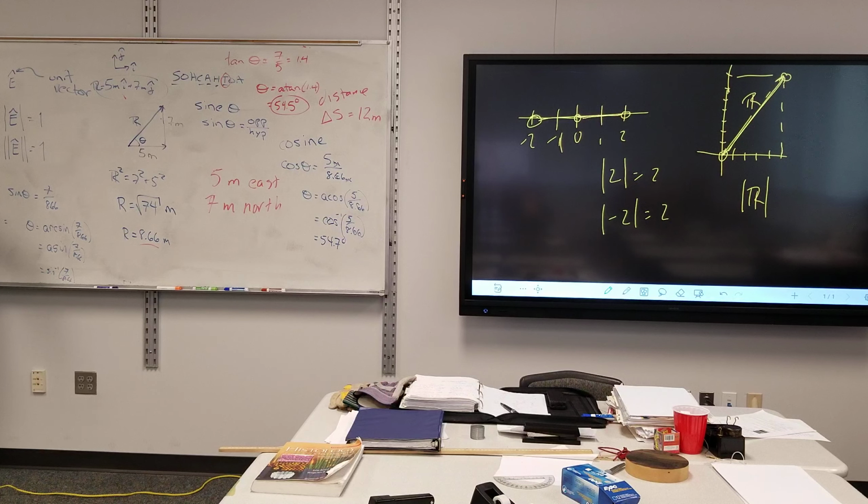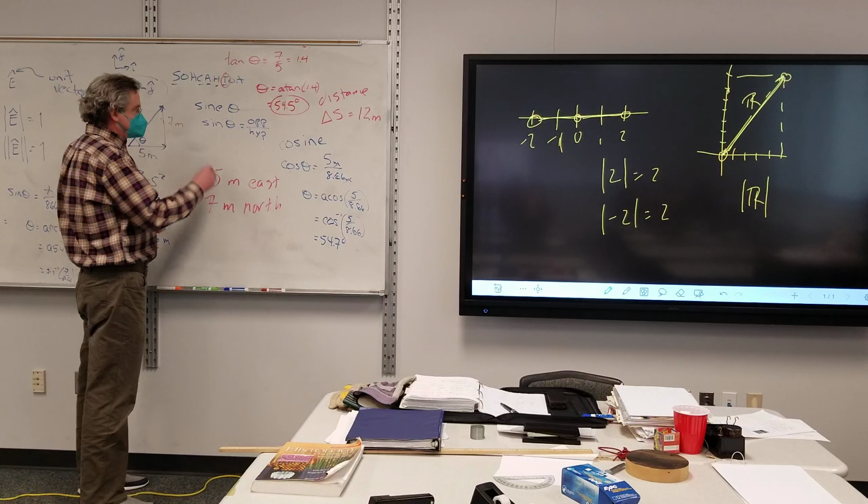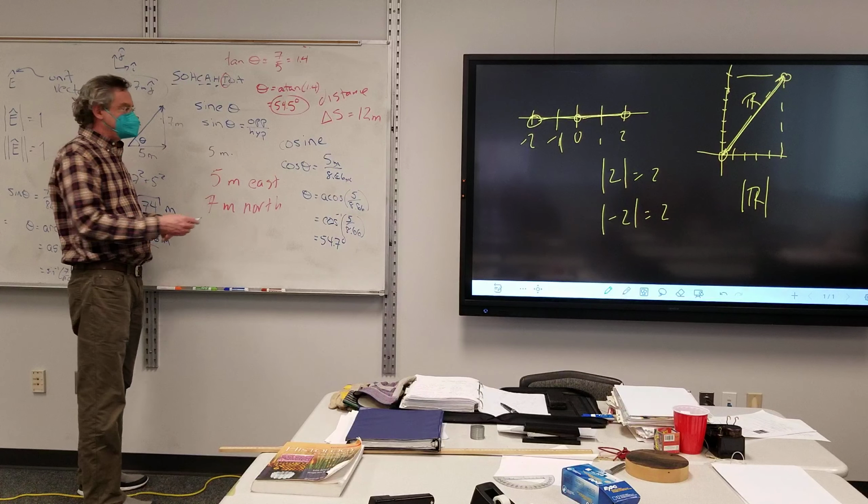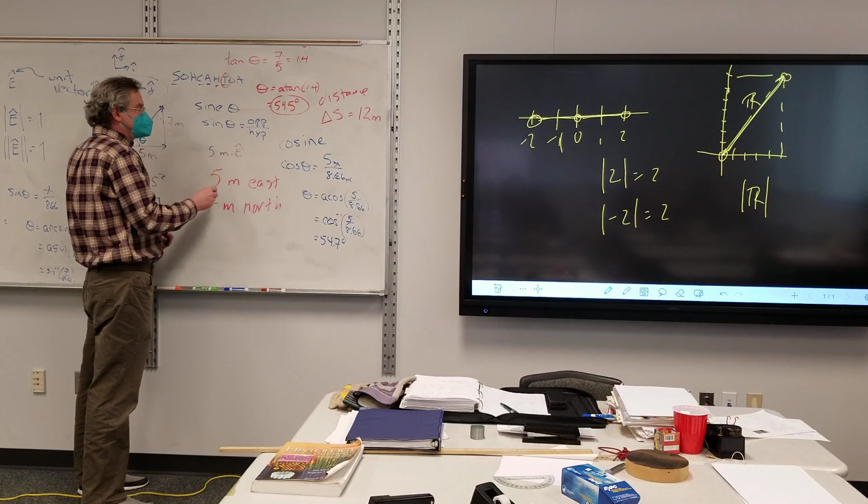Because the point of a unit vector is shorthand notation for indicating direction. You don't want the unit vector to change the magnitude. So in essence, over here, it's 5 meters times, it's an understood multiplication, times this.